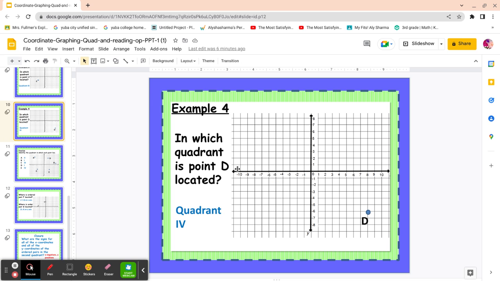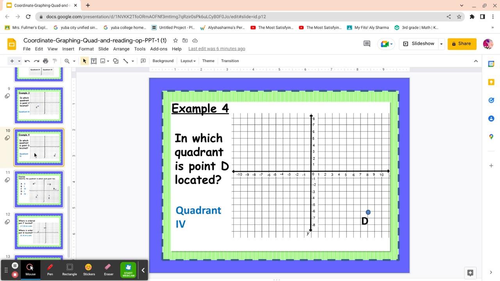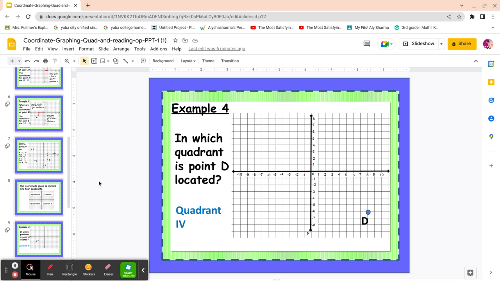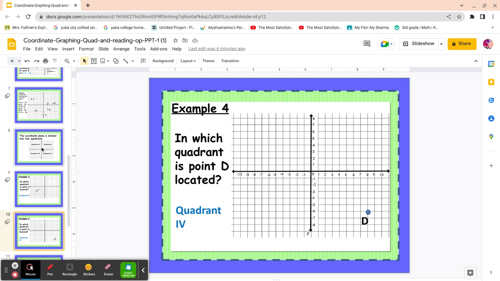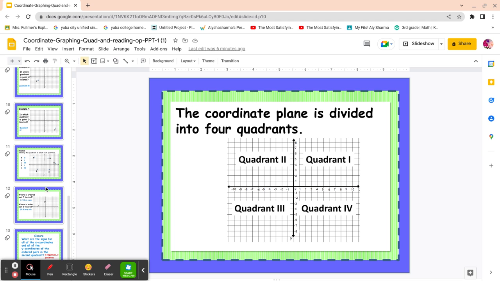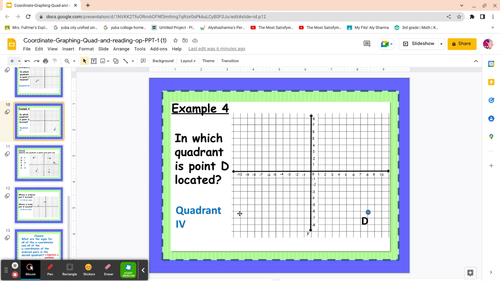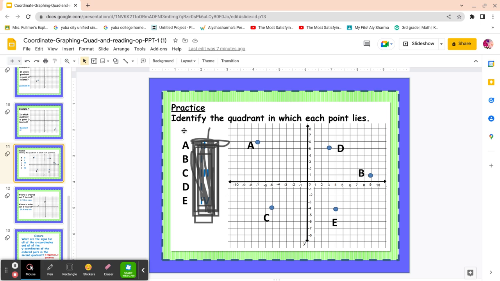Now let's see. In which quadrant is point D located? Point D is located in quadrant IV, as it shows over here, and it says on the slide right here, quadrant IV, but I should have covered it up. Now let's move on. Okay, now it says practice. Identify the quadrant in which each point lies.